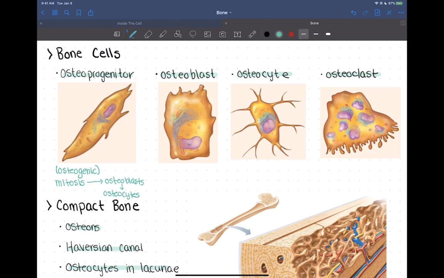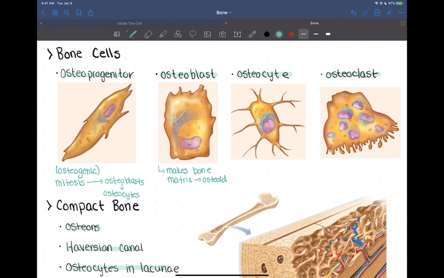Okay, so an osteoblast is going to be a bone cell that makes bone matrix. All right, so it makes bone matrix, right? It makes that osteoid. So it makes new bone tissue. Okay.